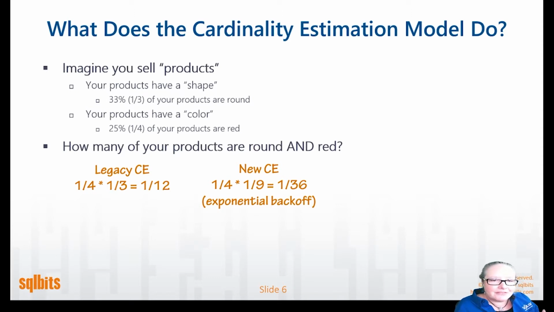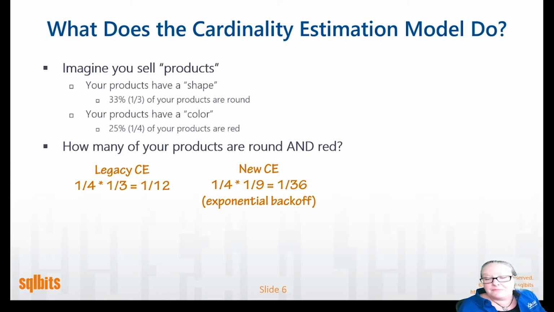Now, in a lot of environments, that might be better, to not assume even distribution. In some environments, even distribution might be the more accurate estimation for you. So here's my problem with the different CEs: neither is always going to be right all of the time. Now, they did find in a wide variety of their tests that the new CE was more accurate across a wider sampling.